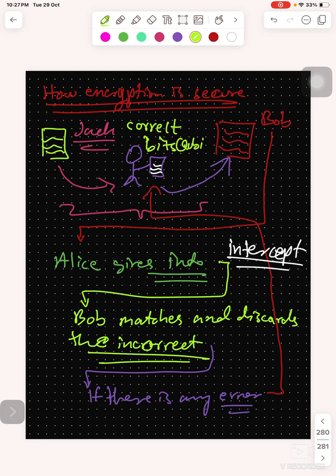And that's how the encryption will work.